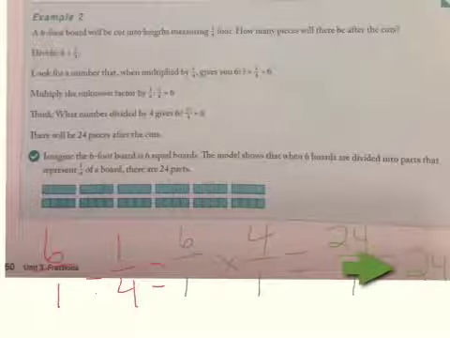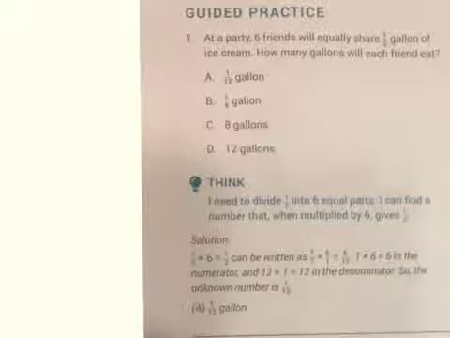Okay, let's go to the guided practice. In guided practice number 1, at a party, 6 friends will equally share 1/2 gallon of ice cream. How many gallons will each friend eat? It tells us to think, I need to divide 1/2 into 6 equal parts. I can find a number that when multiplied by 6 gives 1/2.